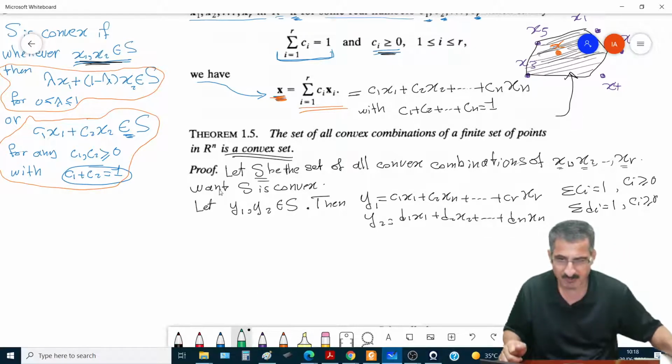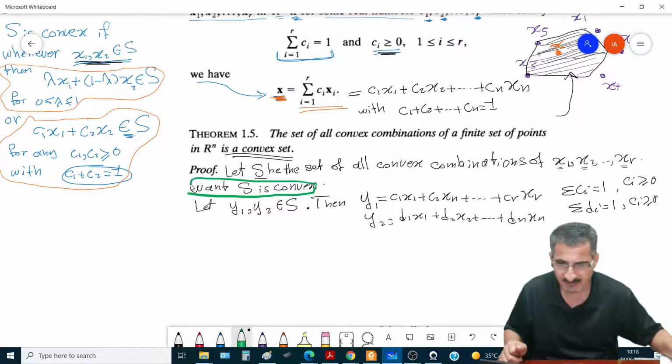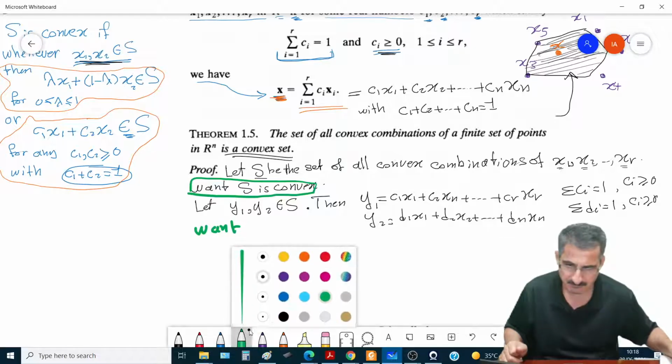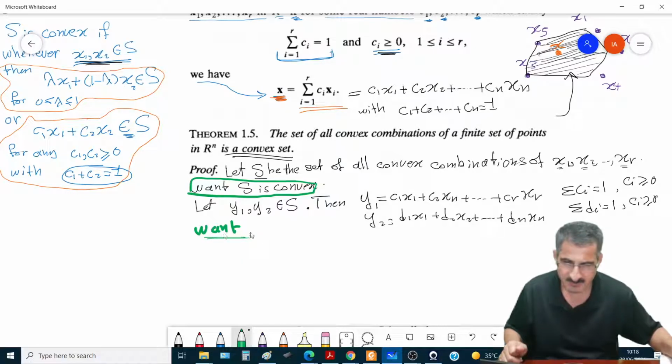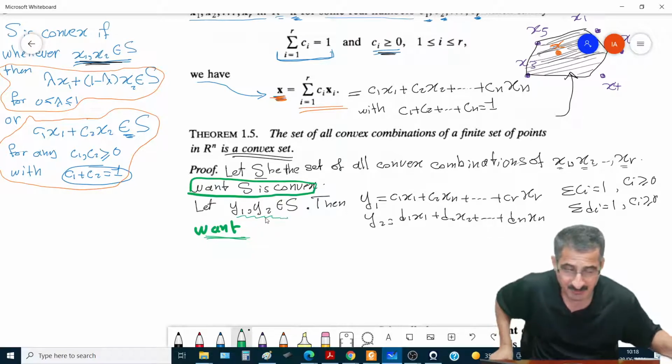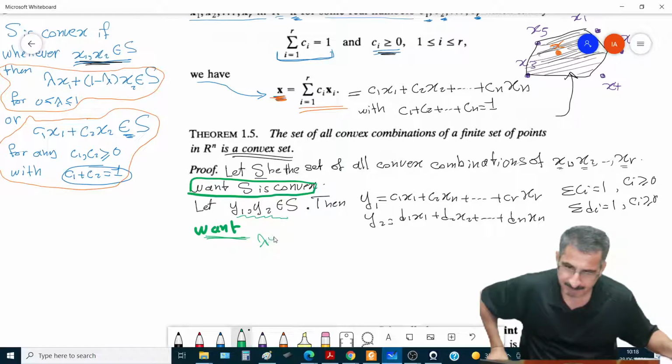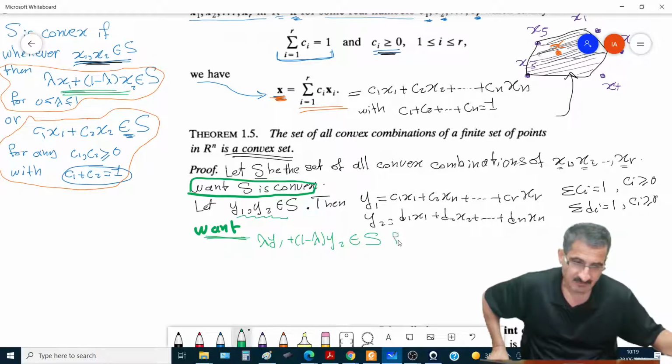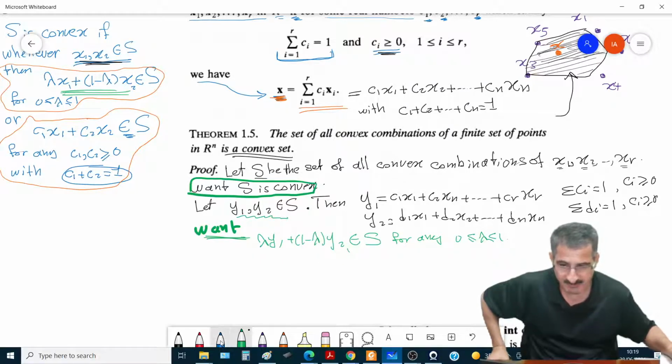Now remember what we want. We have chosen 2 points here, then we want lambda y1 plus 1 minus lambda y2 to belong to S for any lambda between 0 and 1, right?